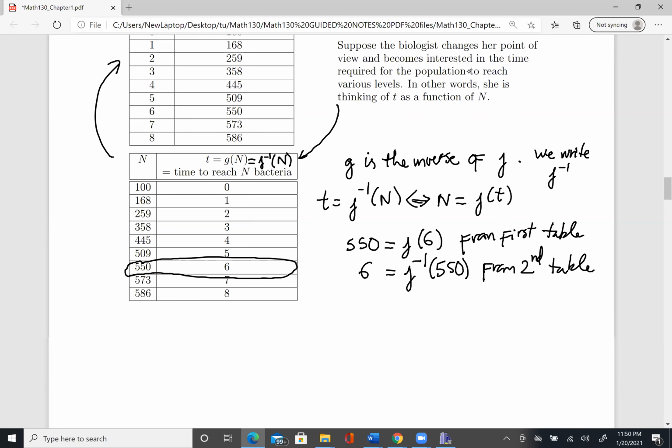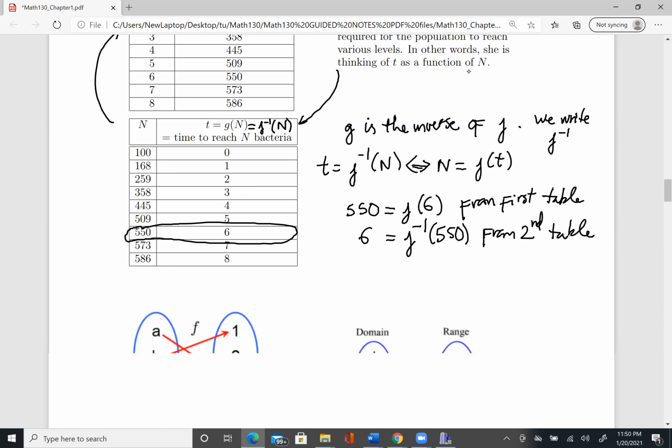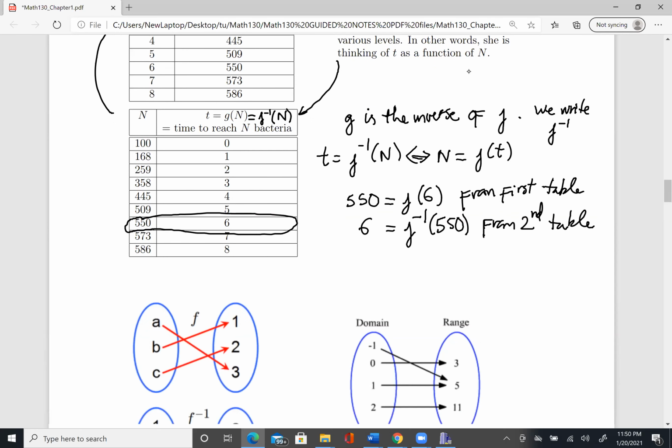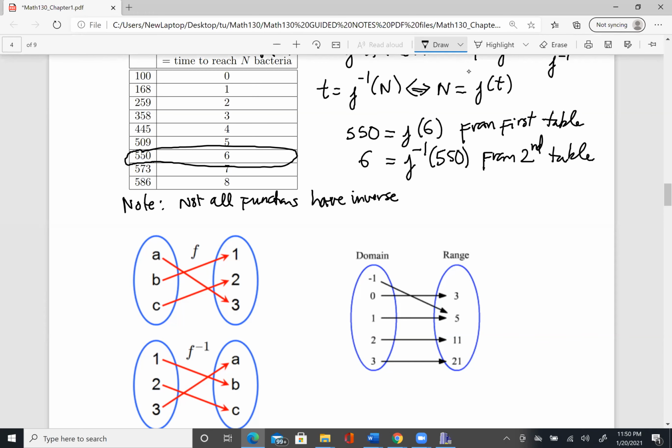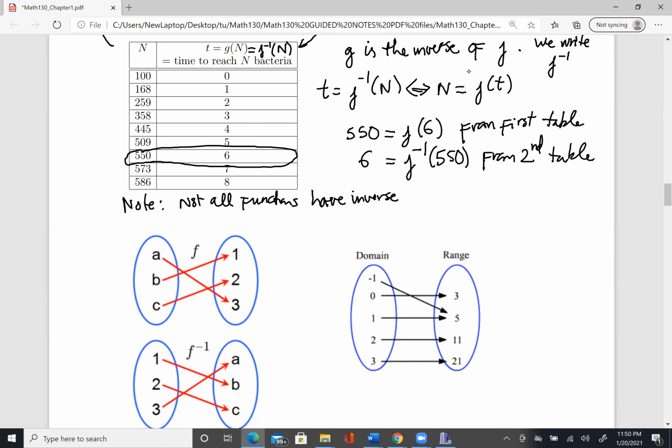Note: not all functions have an inverse.